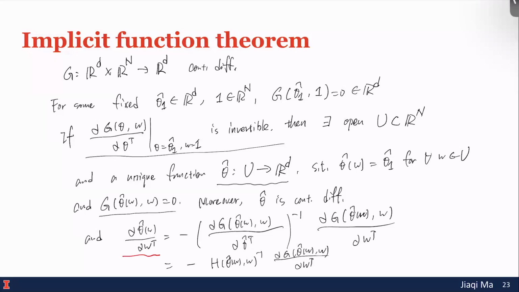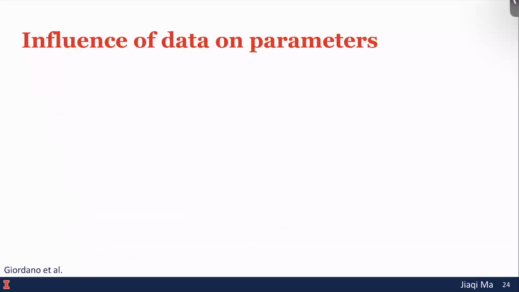If I perturb the data weights of particular data points, how much are the model parameters going to change? This helps us first establish the influence of data on the model parameters. Specifically, because we want to avoid retraining, we're going to evaluate this partial theta hat W over partial W transpose at W equals 1, which is the original data weights and model.